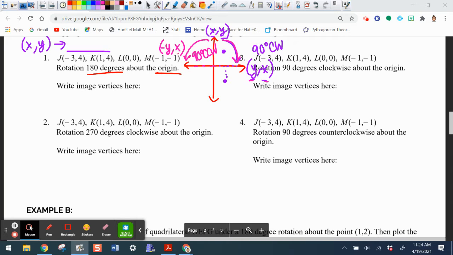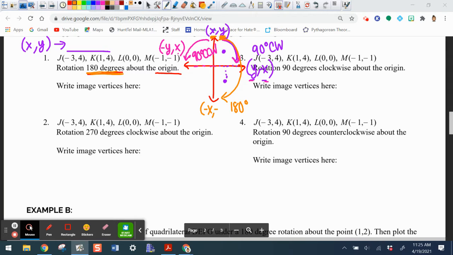So negative then positive. Now the 180-degree rotation, we don't actually have to specify clockwise or counter. All it said here was 180 degrees, because it's just literally the exact opposite direction. Just the same way we approach 90 clockwise and 90 counter, we're going to use the exact opposite signs for a 180-degree rotation of any given coordinate.